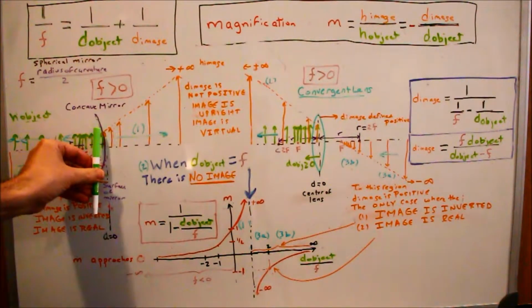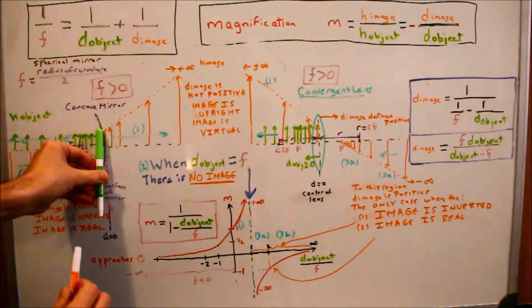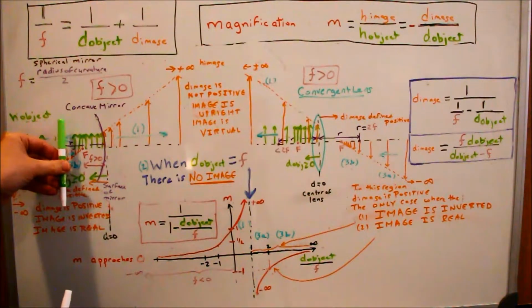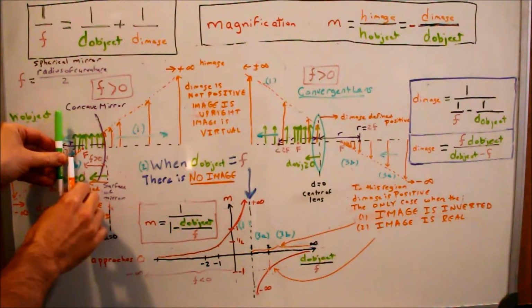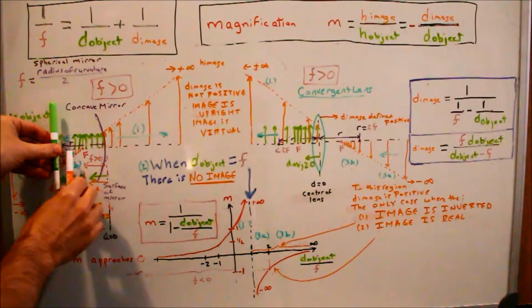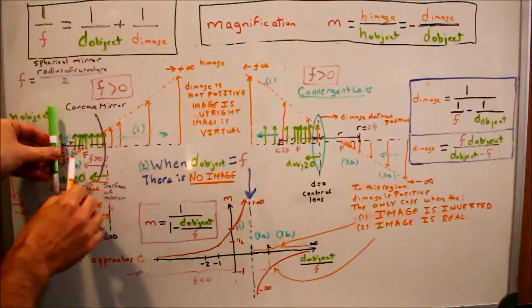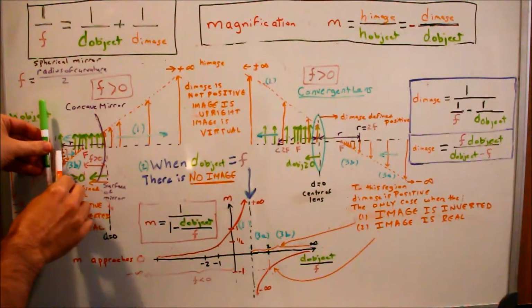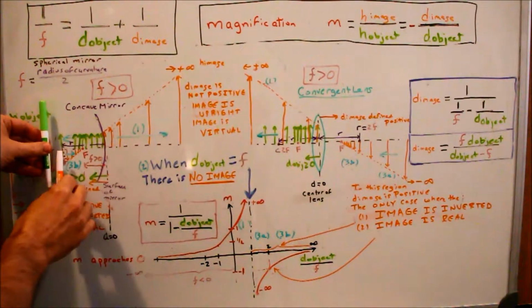A mirror works on reflection. If this is my positive object distance, this is my positive image distance, because that's what I expect to see, because if I have a real image, it'll be on that same side.